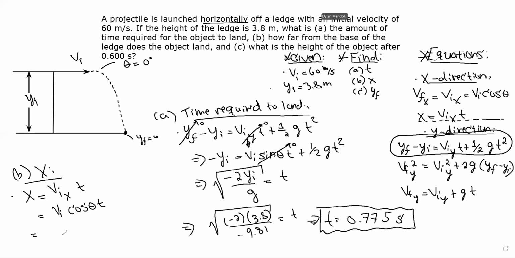VI is 60. Cosine of 0 degrees times 0.775. And cosine of 0 is 1. You could have saved some time if you noticed that, maybe not write as much.